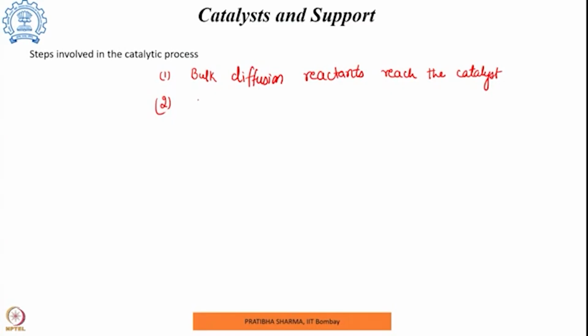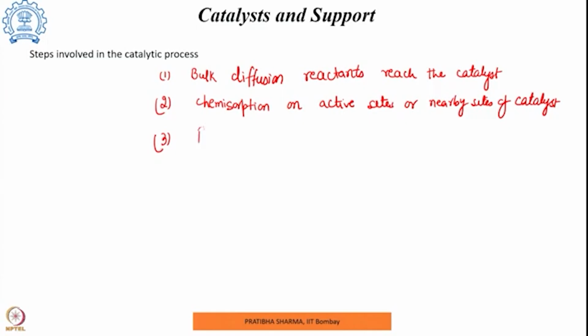Thereafter, the reactants get chemisorbed onto the active sites or nearby sites of the catalyst. In the third step, bonds break and bonds are formed, leading to product formation.